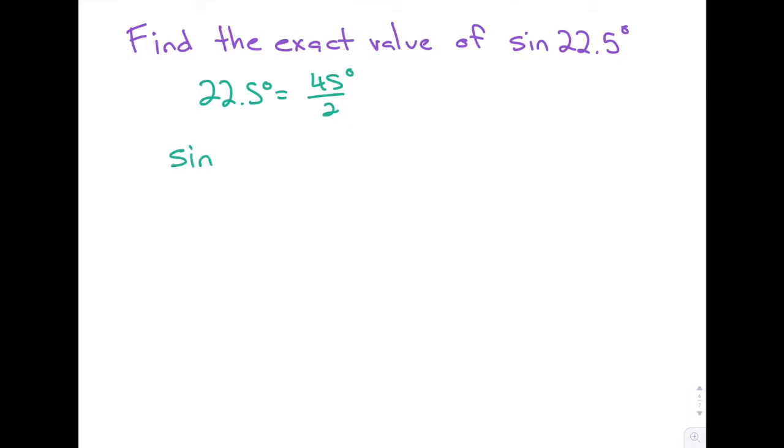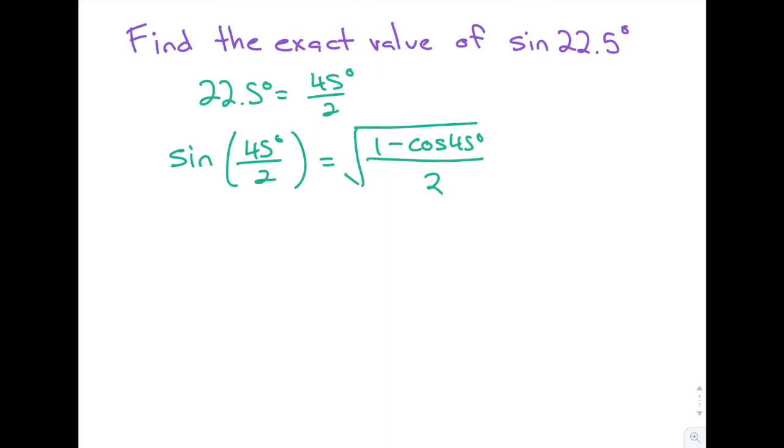So we can say that sine of 45 degrees over 2 equals the square root of 1 minus cosine 45 degrees over 2. Now the question is, what do we put here? Do we choose positive or negative? We'll choose the positive one since 22.5 degrees is in the first quadrant.